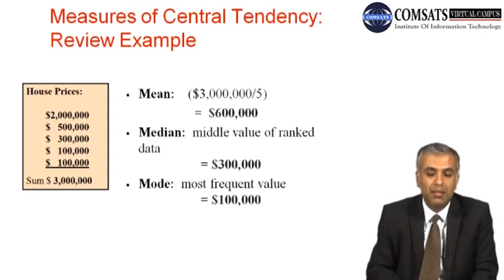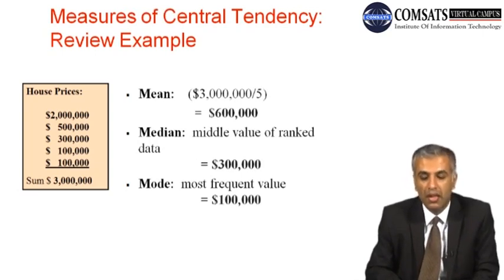Similarly, in order to get the median, we just get the middle value, because this is an odd number of values entered here, and if there is an odd number of values, then all we have to do is select the center value, and here this is 300,000.